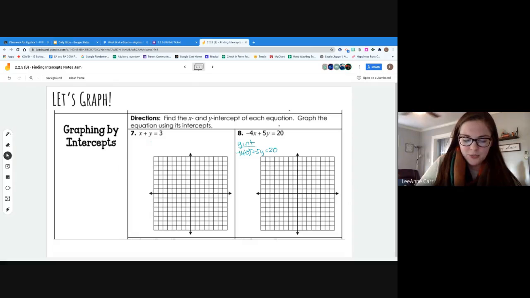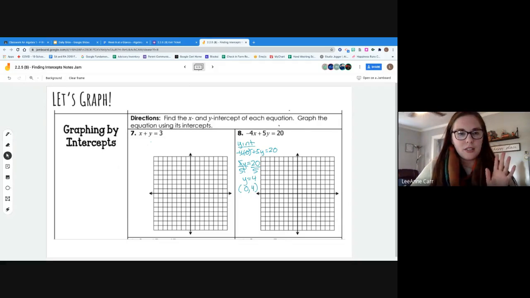And then I'm left with 5y equals 20. So our last step here, we would divide by 5. And then we'd be left with 20 divided by 5, which is 4. And we know since it's the y-intercept, we're going to put that in the y's place.